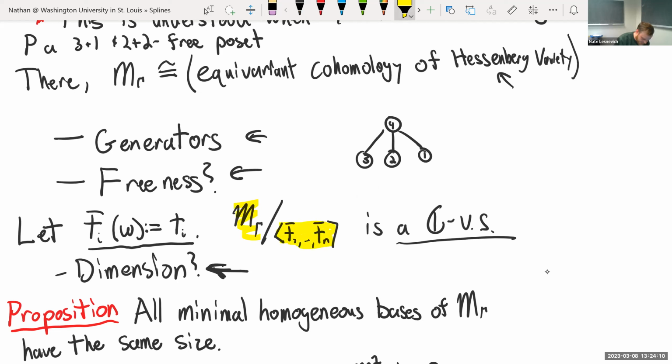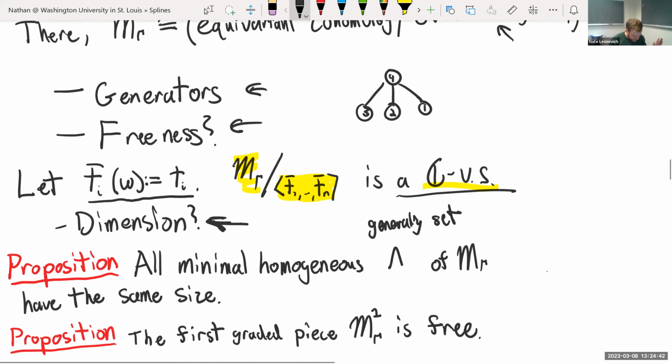This is a homogeneous module, so we really get a graded C vector space, and if we have a minimal homogeneous generating set, it'll project down to a basis. So we're searching for minimal homogeneous generating sets.